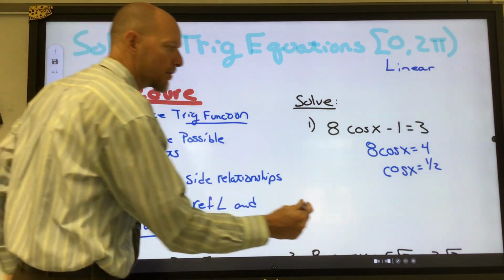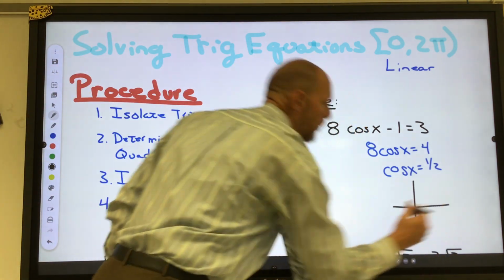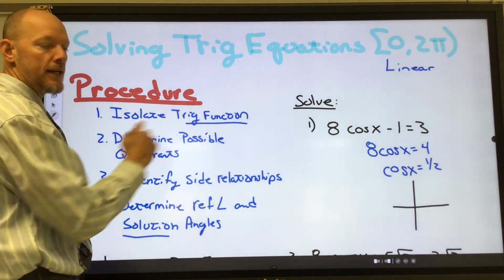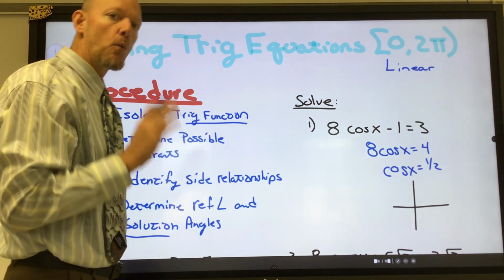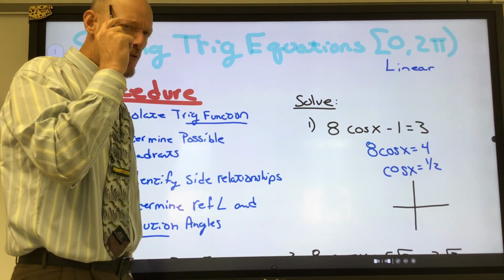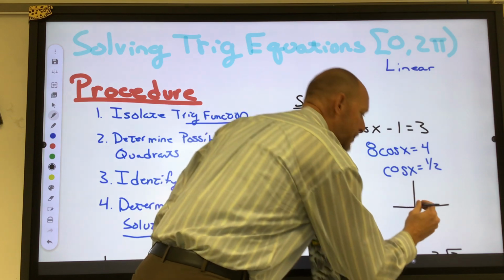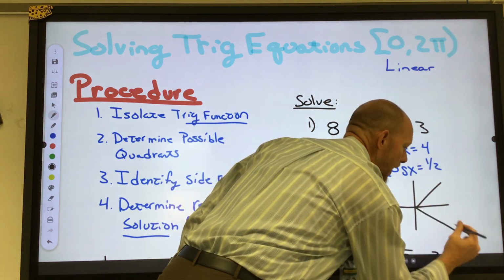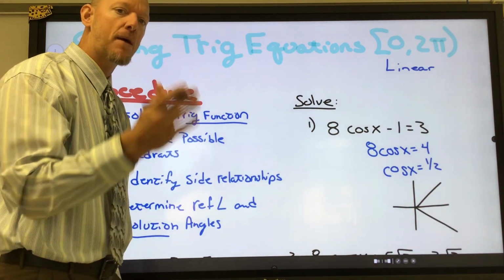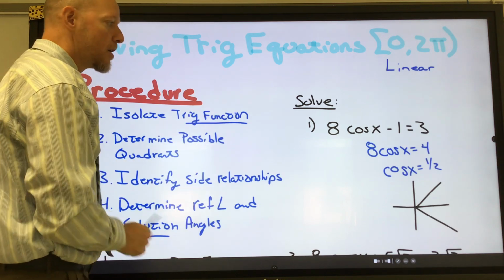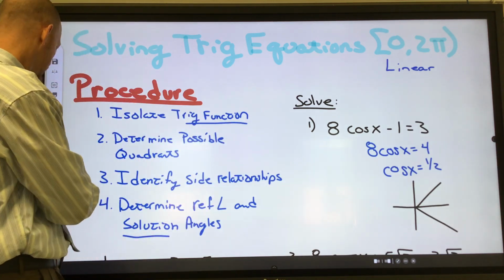Now, in answering this question, we have now checked off isolating the trig function. Now I've got to figure out what quadrants I can be in. So I remember cosine is the x component. And since I have the fraction 1/2, that means our x value is positive. So I know I'm in quadrants 1 and 4.